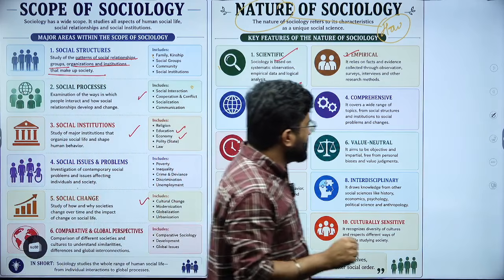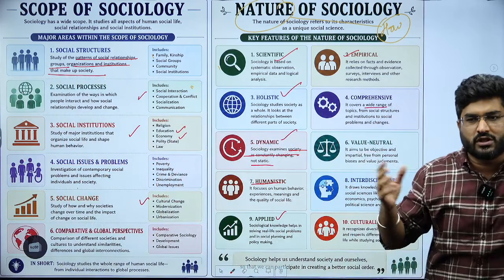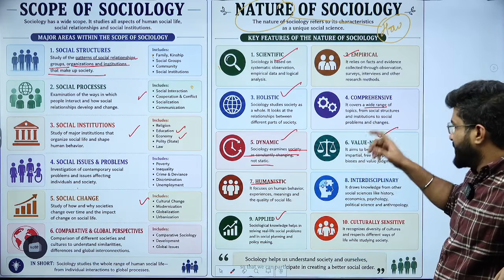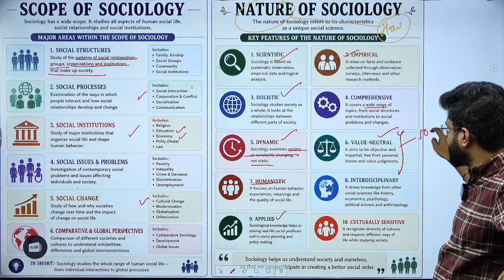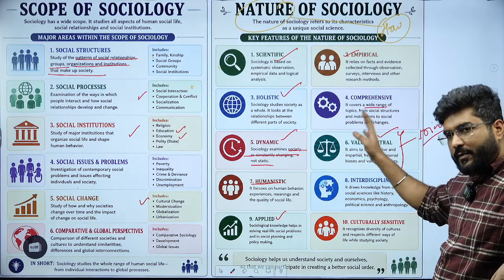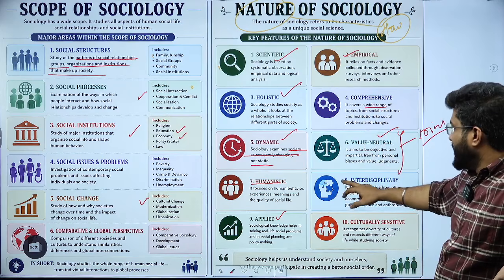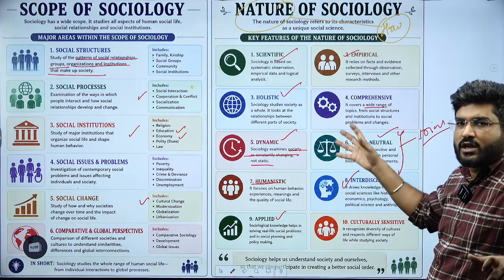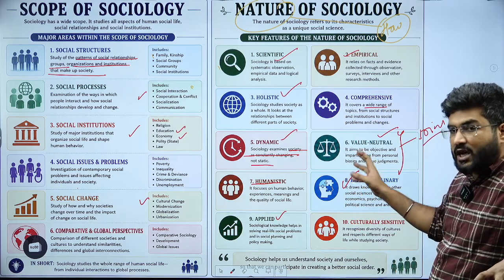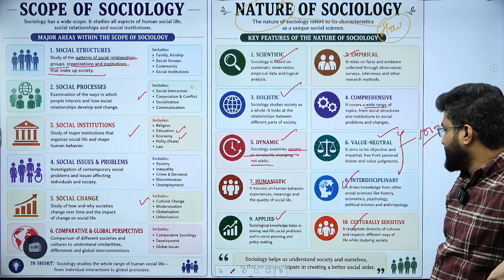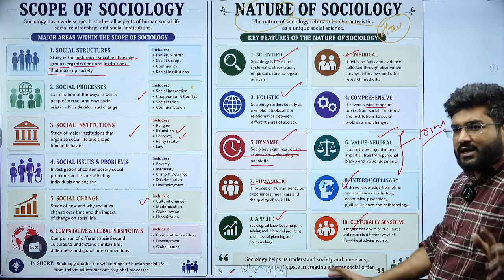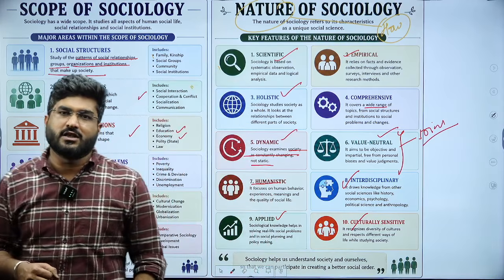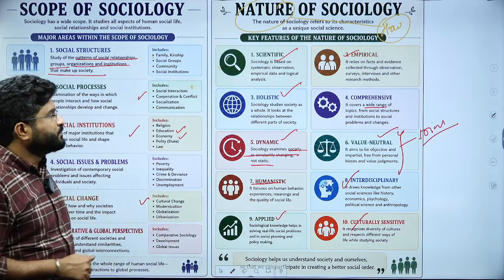Then it is comprehensive, covering a wide range of topics, different social structures, social institutions, etc. It is value neutral, which we will deal with later when we talk about sociology as science, and about Max Weber's approach. It is interdisciplinary, using history, politics, economy, etc. to find the larger reasons for larger problems. And it is culturally sensitive, meaning it understands the diversity of different cultures and tries to give reasons for those differences and discrimination. Okay.